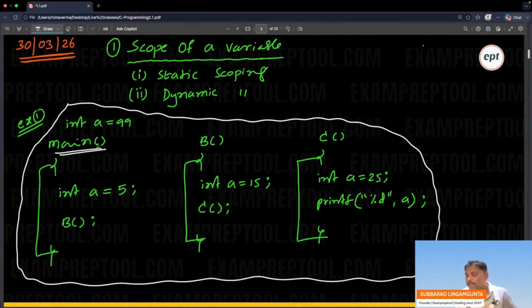But remember, if you want to see the output of the program, you have to run it. And if you want to run the program, first you have to compile. Compile means checking whether some rules are satisfied or not.